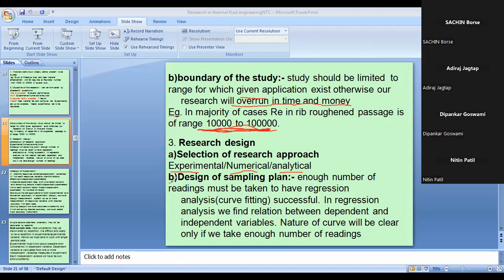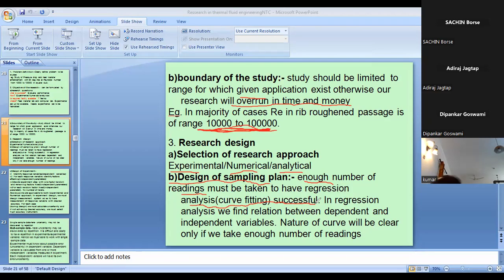Then next is design of sampling plan. So when we take the readings, we have to take the enough number of readings, okay, so that our regression analysis, that is curve fitting, is successful. Okay. So if you take less number of readings, your curve fitting will not be good, or we can say accurate.